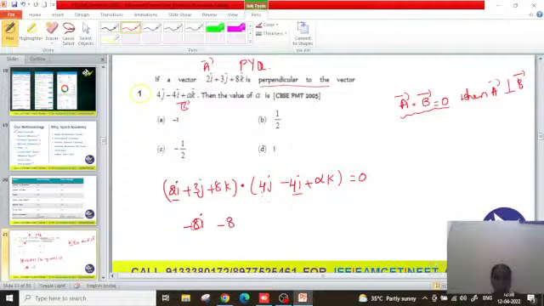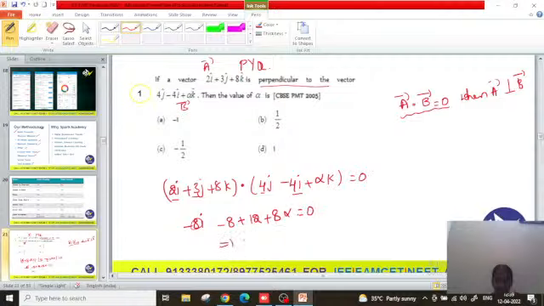Next, 3 into 4. Corresponding coordinates will be multiplied here, and their results will be added. 3 fours are 12, plus 8 into alpha, plus 8 alpha will be equal to 0.